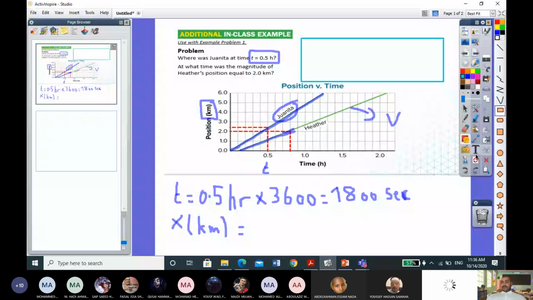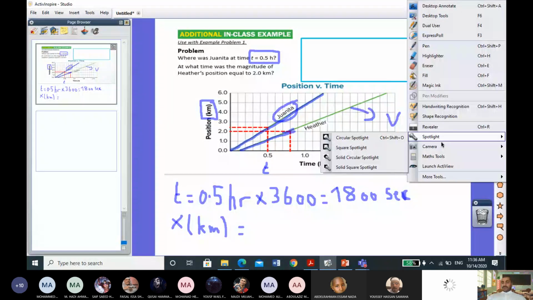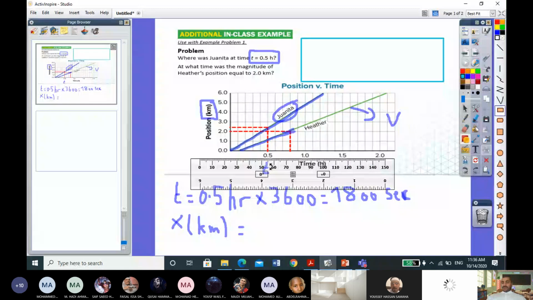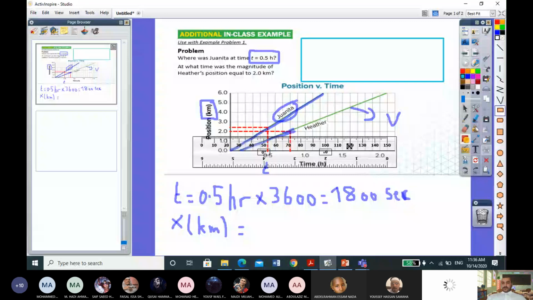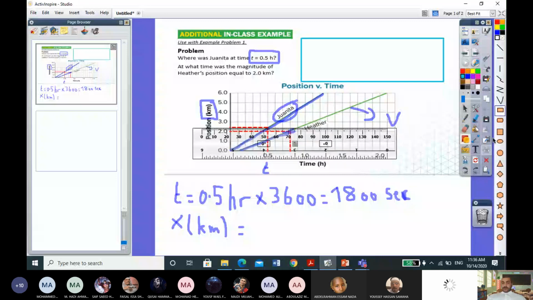Let me get the ruler, guys. All of you, please keep with me. It's important in order to see this. This is 0.5, guys. You can see the 0.5 here. So if I get the value of Janita, you can see the point.